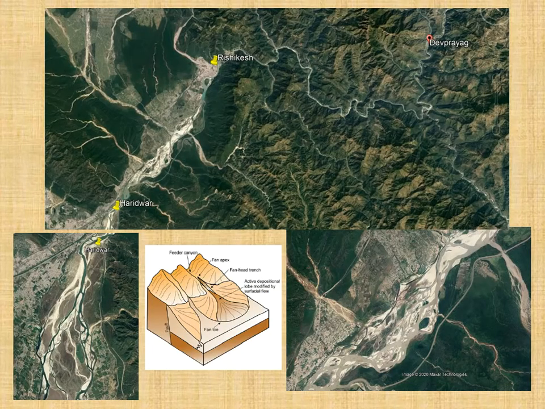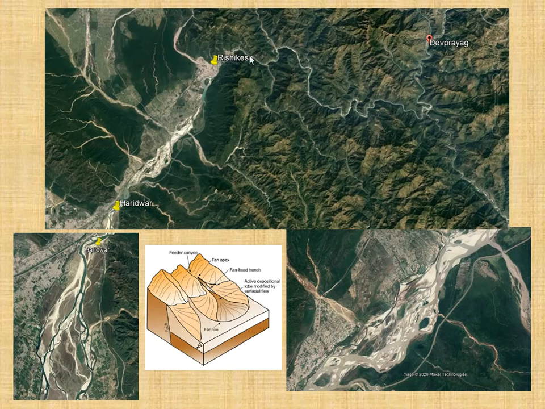Now again, this is a satellite picture to show you. This is the hilly region upstream of Rishikesh. This is Devprayag. Here the river is flowing in a very narrow valley where you don't have lateral erosion, only vertical V-shaped valleys are present.